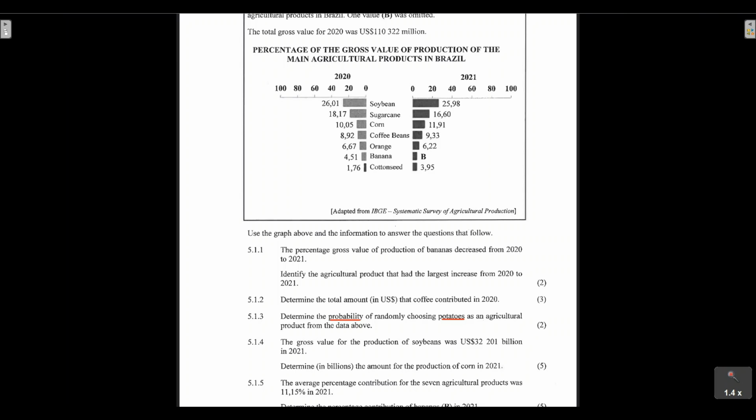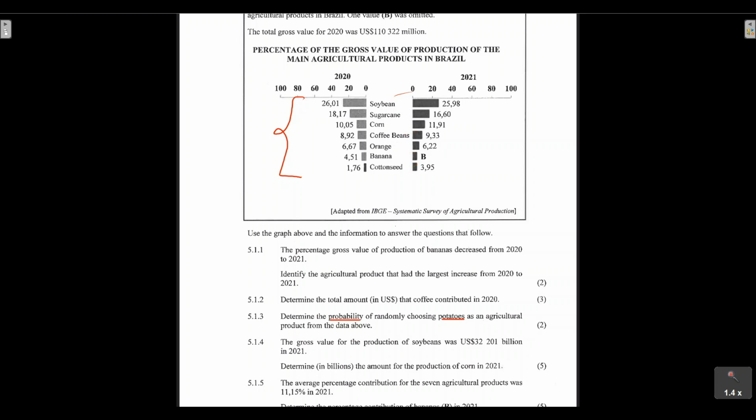But what are we noticing here? Do we have potatoes listed as the main products that are produced in Brazil? No, we don't. We've got soybeans, sugarcane, corn, coffee beans, oranges, bananas, cotton seeds. But there's no potato.